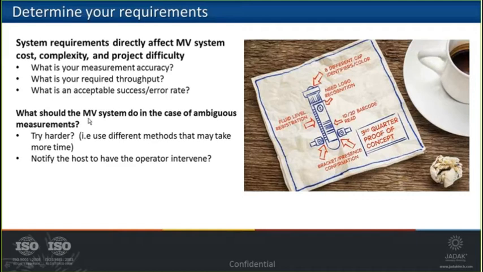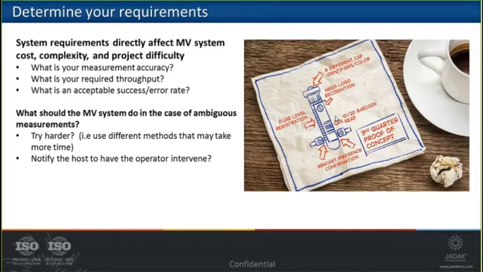Another thing is, what do you want the machine vision system to do in the case of an ambiguous measurement? Say you're measuring a test tube cap, and you get an answer that says, boy, it could be A or B. Sometimes with A or B, you're going to treat that particular cap the same way in subsequent steps in your automated system, so it doesn't matter. Well, sometimes it matters a lot. Maybe A is a pull style cap and B is a screw-on cap.